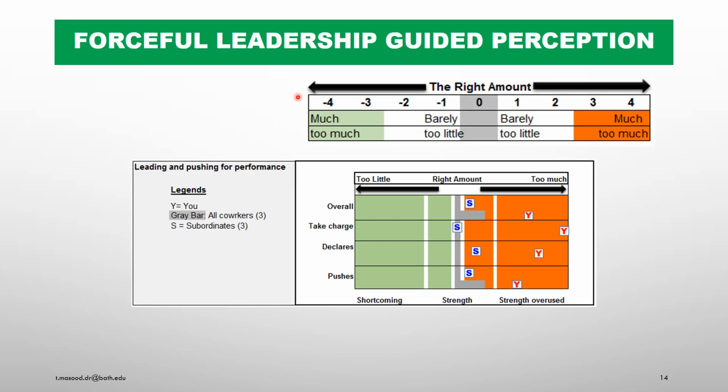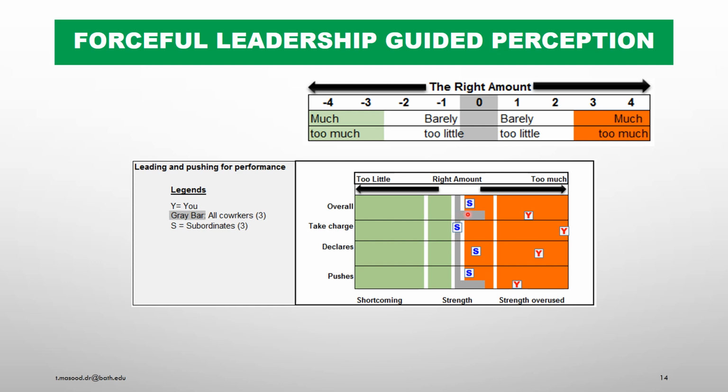Now I'm going to conclude the forceful leadership guided perceptions. This is the frame I have used in my simulation model. If I stay on positive 4, I'm using my strength too much. If I stay on the negative, I am not using my strength enough, a shortcoming on the left-hand side. In the legend, YU, the gray bars are all co-workers and subordinates.